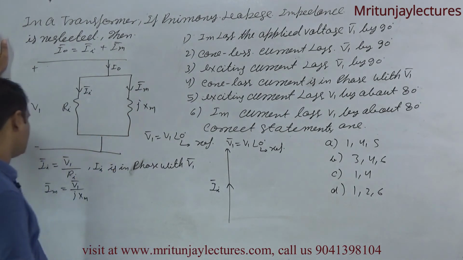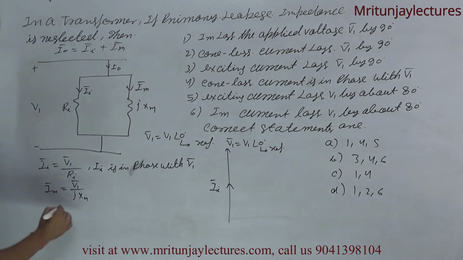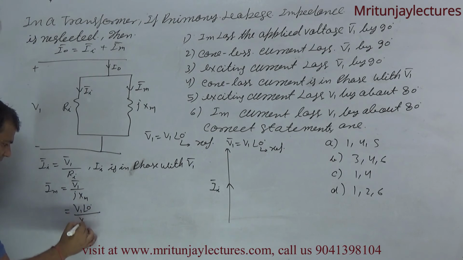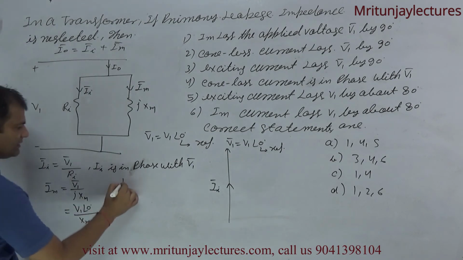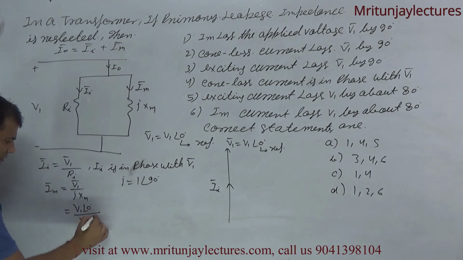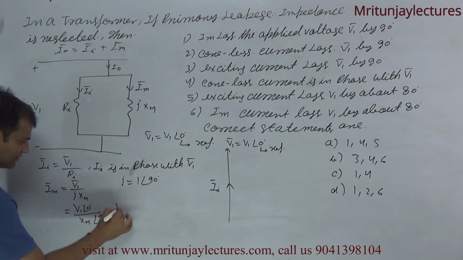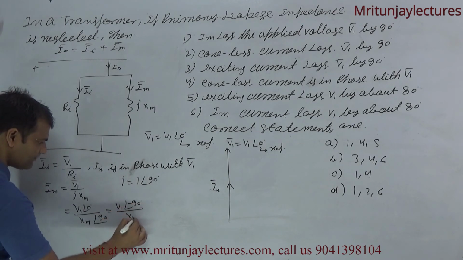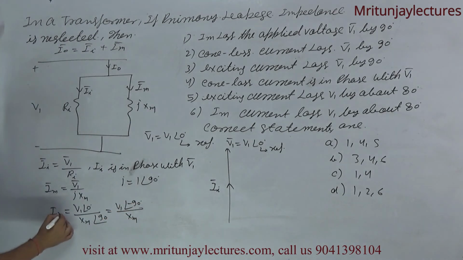Now what about Im? Im is written as V1 at the angle 0 divided by jXm. I know that j is equal to 1 at the angle 90 degrees, so it is also written as V1 at the angle minus 90 divided by Xm. That is Im.